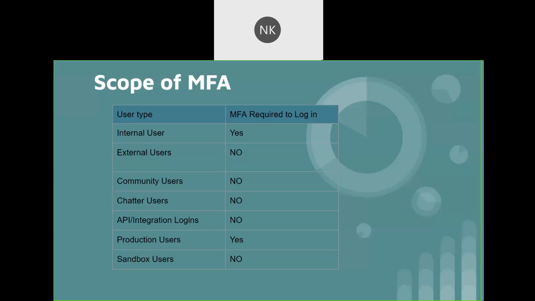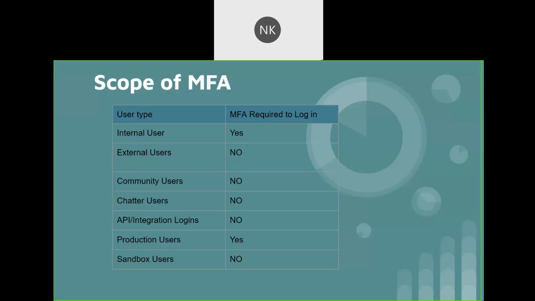External users don't require MFA. Community users also don't require MFA. Chatter users, no MFA is required. API or integration logins, it is not needed. Another point to remember is that MFA is only enforced for our production users. If you have sandbox users, it is not enforced.